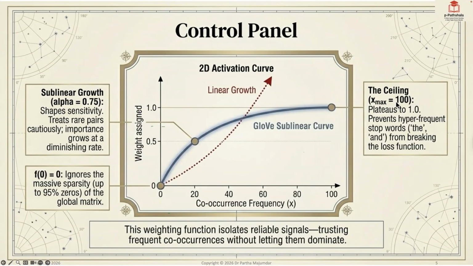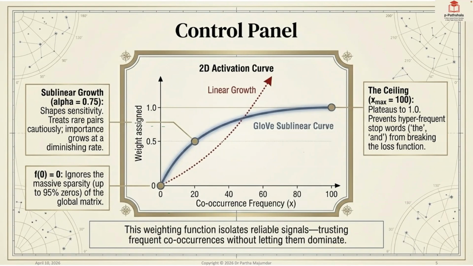I say that the upper limit is 100. And x, like I showed you, is the co-occurrence, which I can calculate and store. If I divide x by x max, x can be greater than x max, or x can be less than x max. The first ground rule is that if x is equal to 0, then I consider x by x max to be 0. And if I have a rare word, the co-occurrence matrix will show an x which is much less than x max. In that case, I calculate x by x max and take that value.